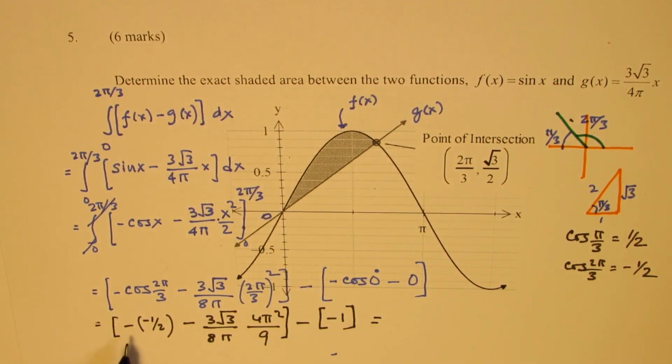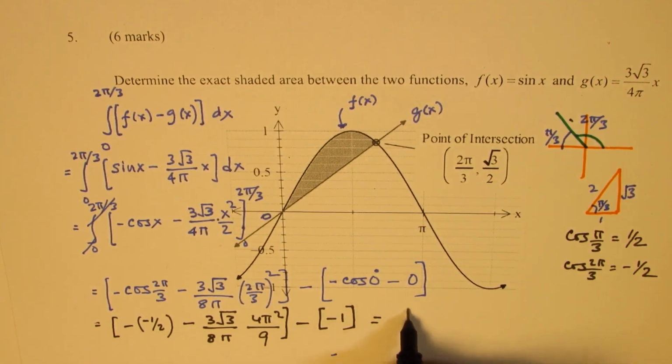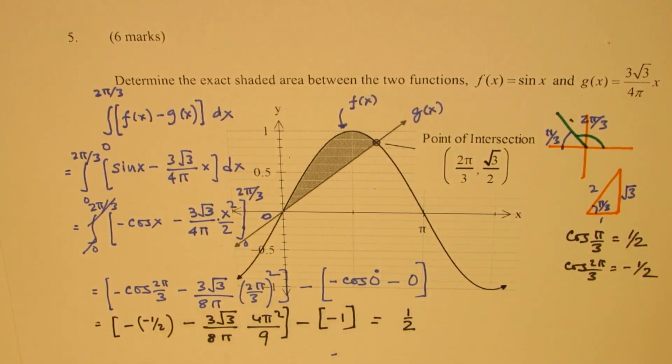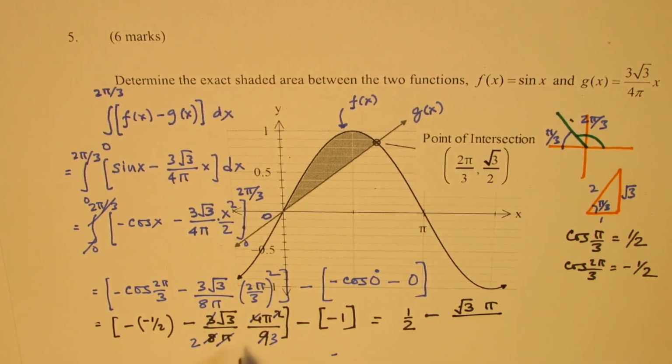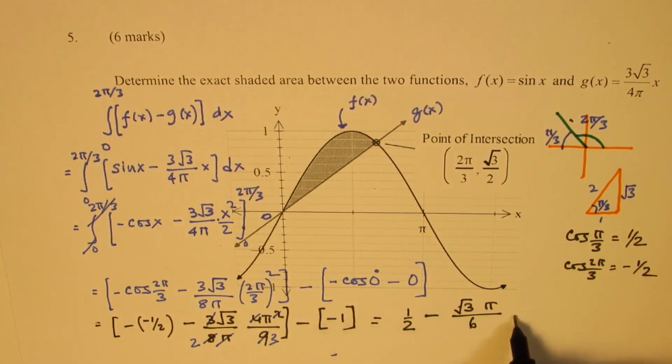Now minus of minus half is basically plus half, correct? And here we can simplify this a bit. Dividing by 2, pi also goes, and 3 goes 3 times, correct? So what we get here is minus square root 3 pi divided by 3 times 2, which is 6. And 1 plus 1, that is what you get, right?